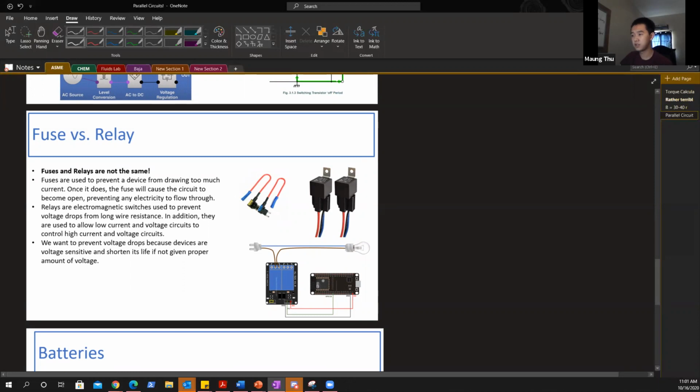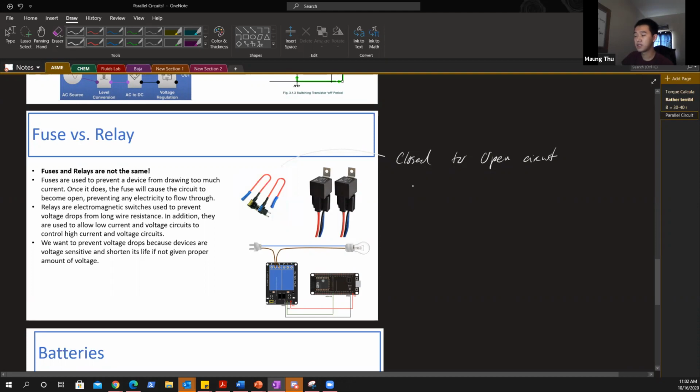Fuses are basically like a little circuit that causes a circuit to go from closed to open. Sometimes it's unpredictable how your electronics are going to behave, because you can't see it, right?